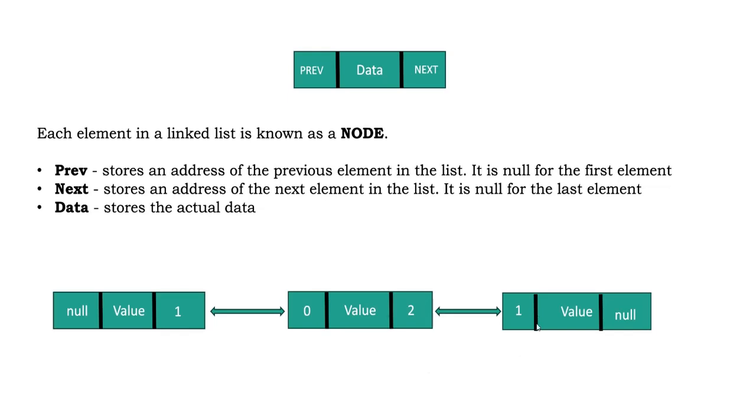It will refer to this second node, second index, and then it will store the value. Since there is no further node, it will have null. So here also the null reference will get changed to the next node, which is the third index. That's how it gets updated. So here the insertion and deletion is a bit easier compared to array list.